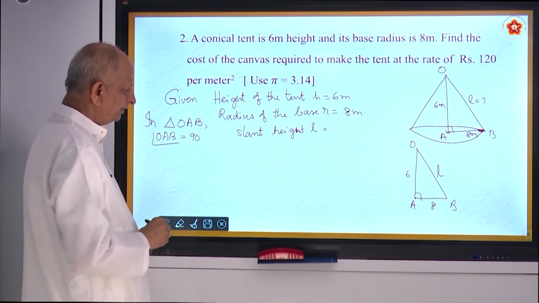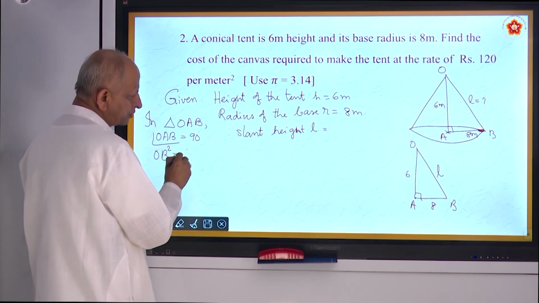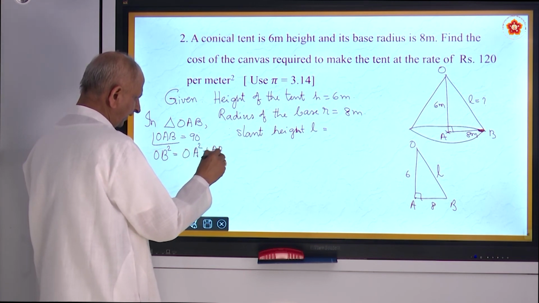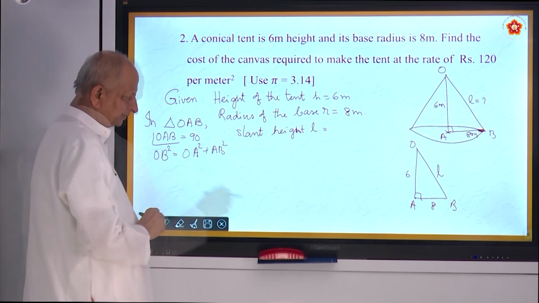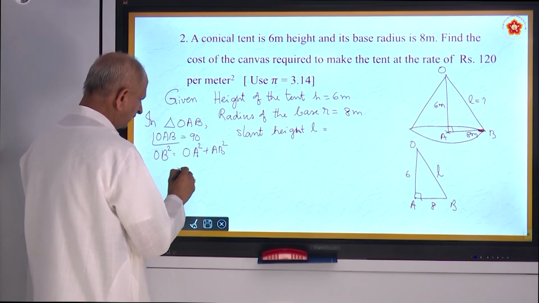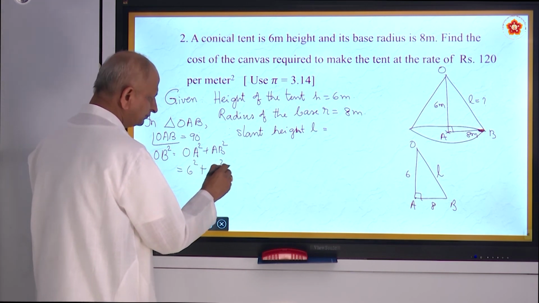And use the Pythagoras theorem. OB square is equal to OA square plus AB square, is it not? OA square is 6 square plus AB is 8 square.